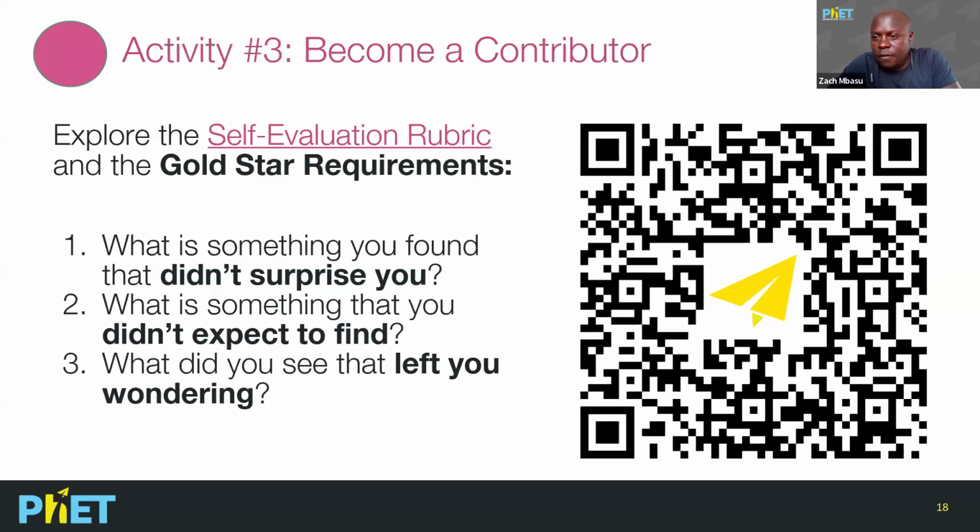Okay, any feedback from anyone? A response for any of those questions? Is there something that left you wondering from looking at that self-evaluation rubric? Or is there something that you found that did not surprise you? Or is there something that you didn't expect to find?